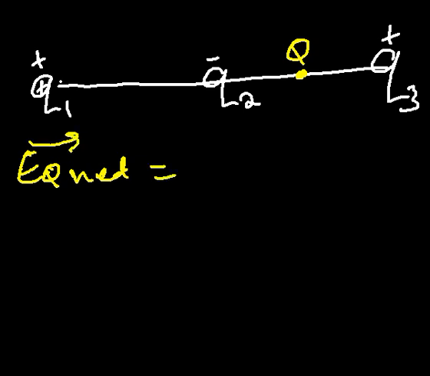Since this is a point where there is no charge, each charge in the system will contribute to the electric field at point Q. Let's say this distance is A, this is B, and this is C. So we have the electric field due to charge 1, charge 2, and also charge 3.